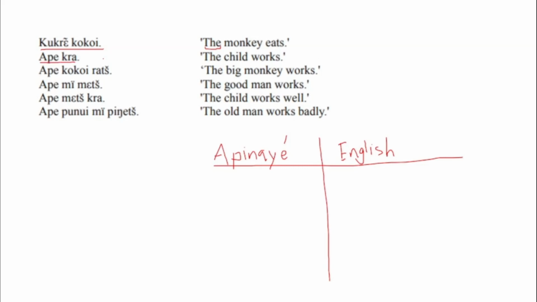Not much headway we can make here, so we can move on to the third sentence, which has a similar word at the front. I believe it's ape. So the similar word in the English translation is works. So we can logically assume that ape in Upinaye is, in English, works, or a conjugation of to work.